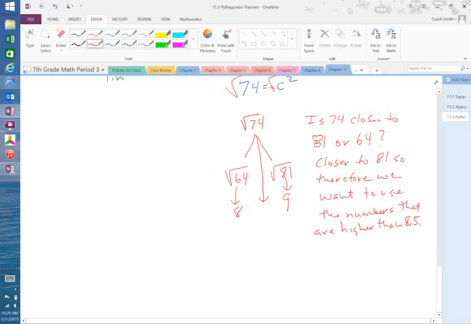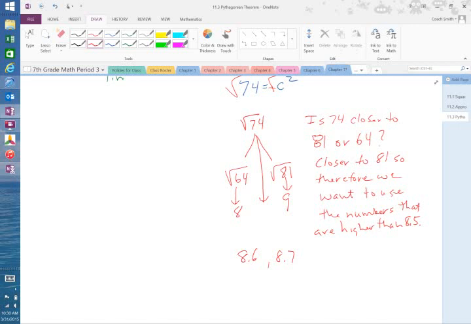It's 10 away from 64. It's 7 away from 81. So we're looking at the numbers 8.6, probably 8.7. Just a guess. Okay, and that's all this is. This is trial and error. Try to find out which one it's closest to, because they have told us to approximate the lengths to the nearest tenth.